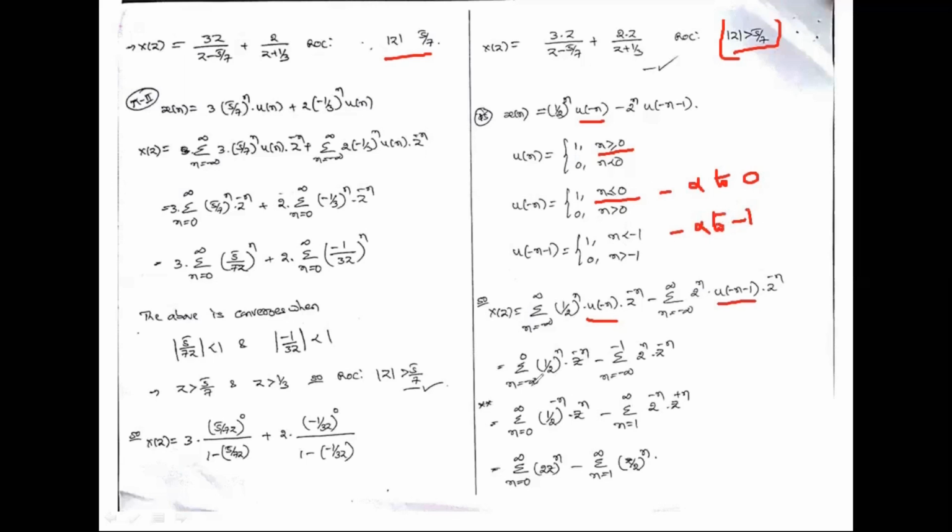So see here, the sum from minus infinity to 0 of (1/2) whole power n z power minus n, minus the sum of n equals minus infinity to minus 1 of 2 power n z power minus n. Take this as a single function, ((1/2) z power minus 1) whole power n.